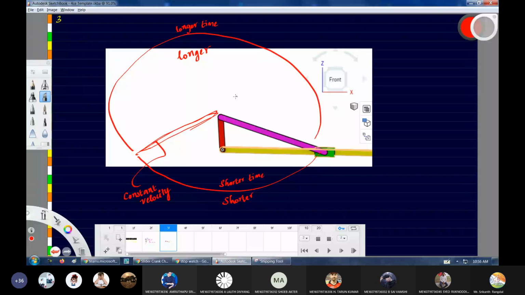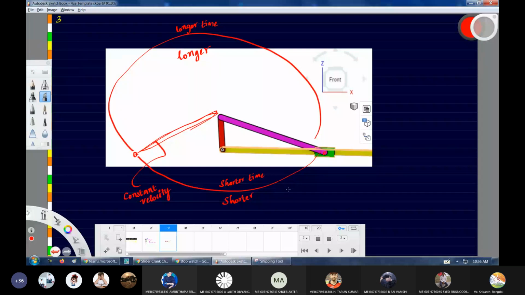So the shorter path will be covered in a shorter time, and the upper path, which is longer, will take longer to cover. Hence there will be a difference between the time taken for forward motion and backward motion.